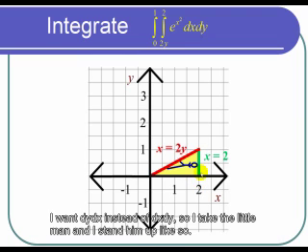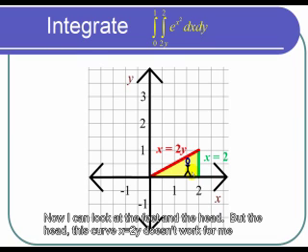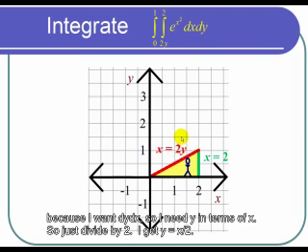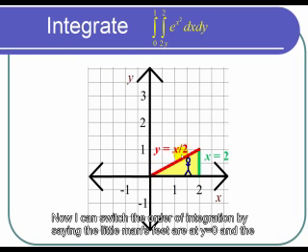So I want dy dx instead of dx dy. So I take the little man and I stand him up, like so. Now I can look at the feet and the head, but the curve x equals 2y doesn't work for me because I want dy dx. So I need y in terms of x. So just divide by 2, and I get y equals x over 2.